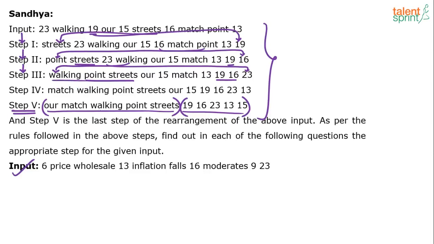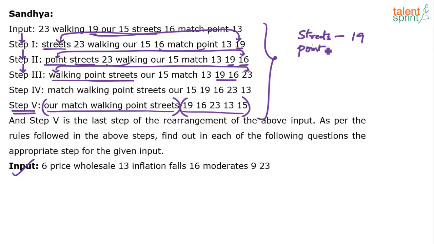If you observe, the first point to be noted here is that when streets was moved to the extreme left in the first step, the number that was moved to the extreme right was 19. Why? Because streets is associated with 19 in some fashion. I'll tell you why later. Similarly, when the word point was moved in the second step to the extreme left, the number 16 was moved to the extreme right.